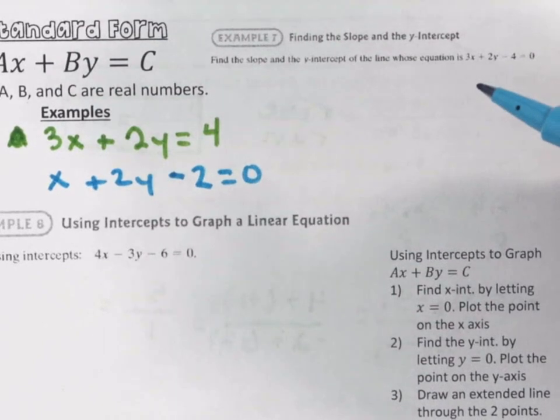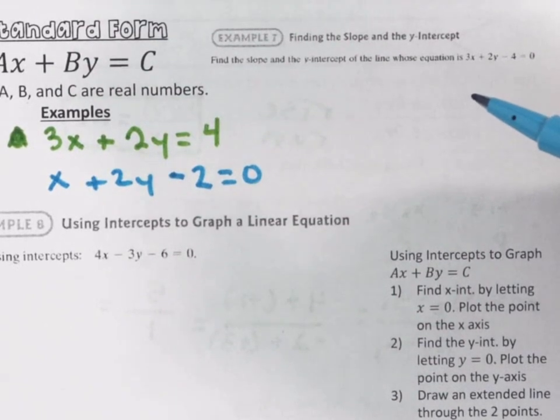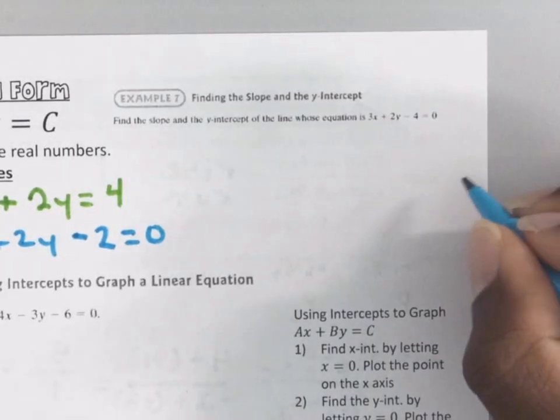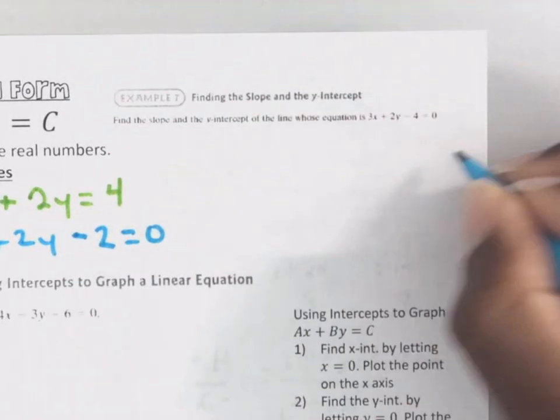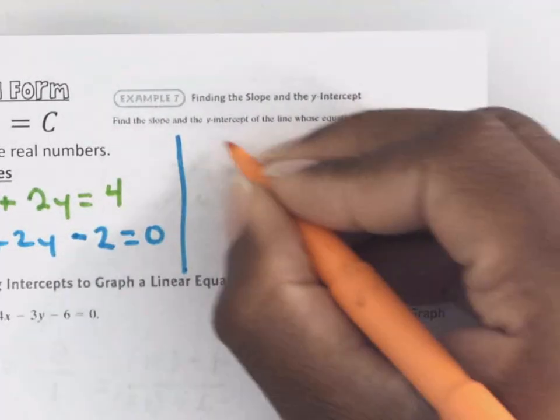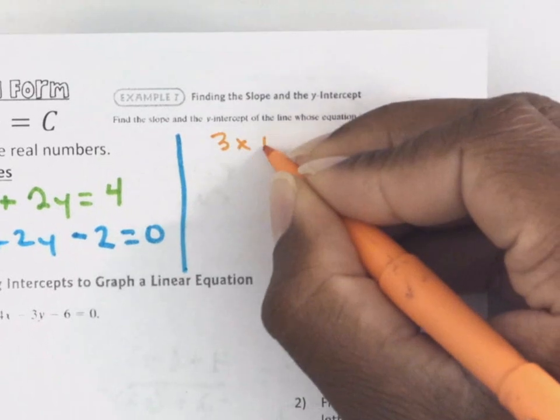Okay, so we need to solve this for what? Y. Yeah, get y by itself. So let's do that. What would you move first? X, okay, by subtracting 3x from each side. Let me rewrite it.